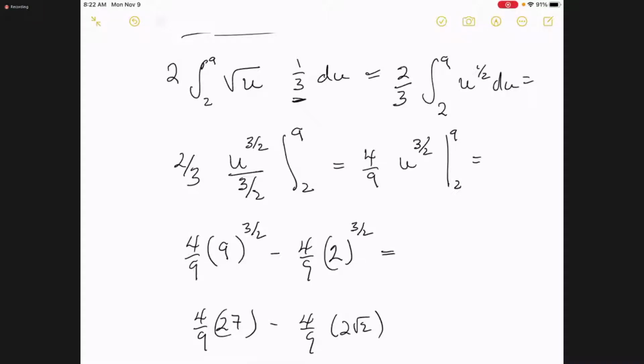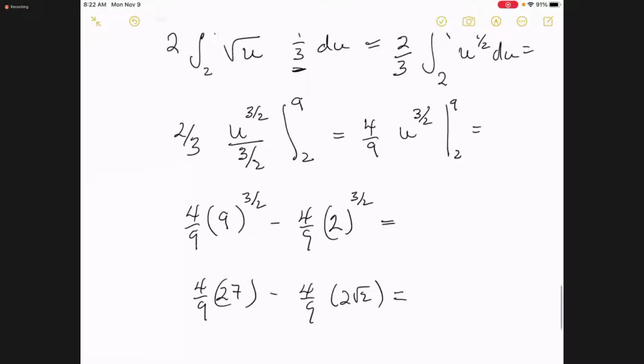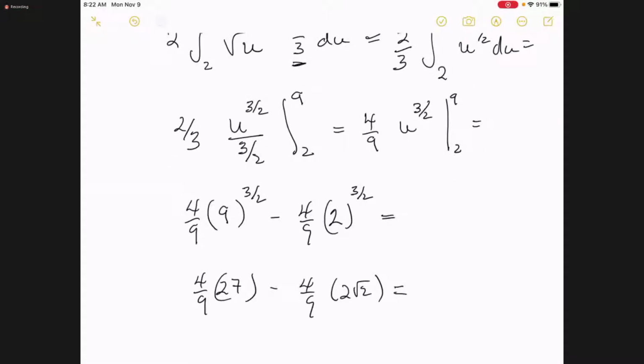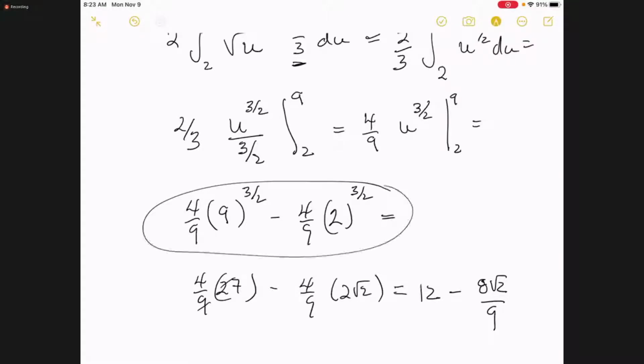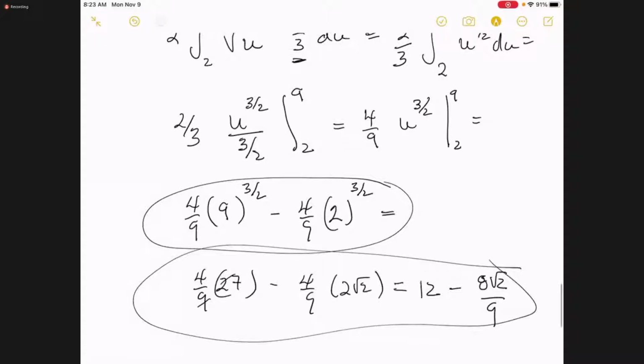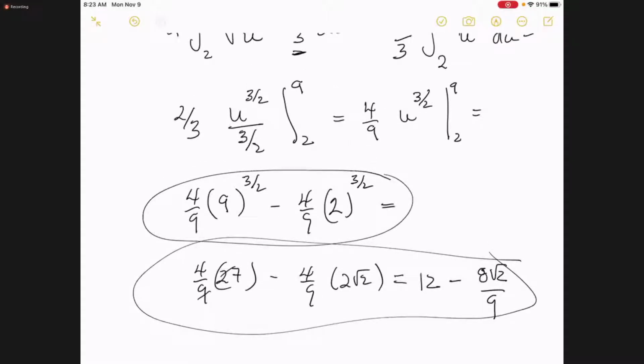What's the best way? Well, you could leave it like this. Or you could write that number as 12 minus 8 times the square root of 2 over 9. Leaving it in this form is okay with me. These are all numbers as far as I'm concerned.